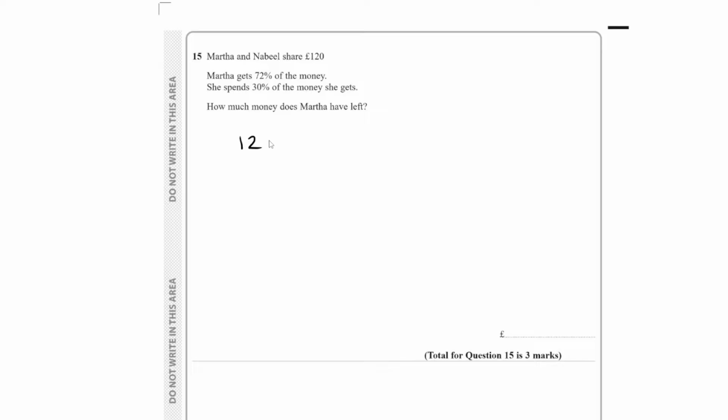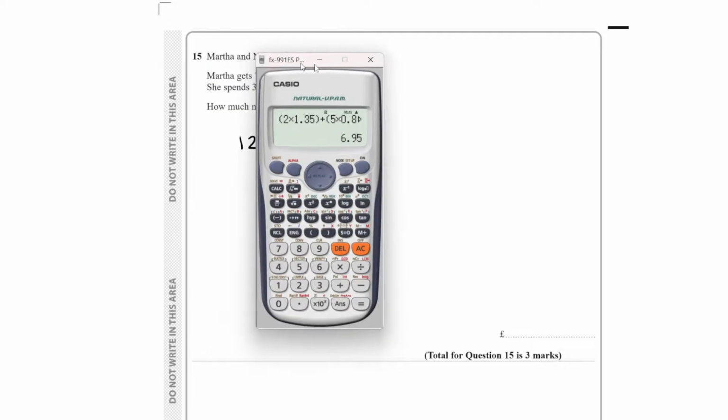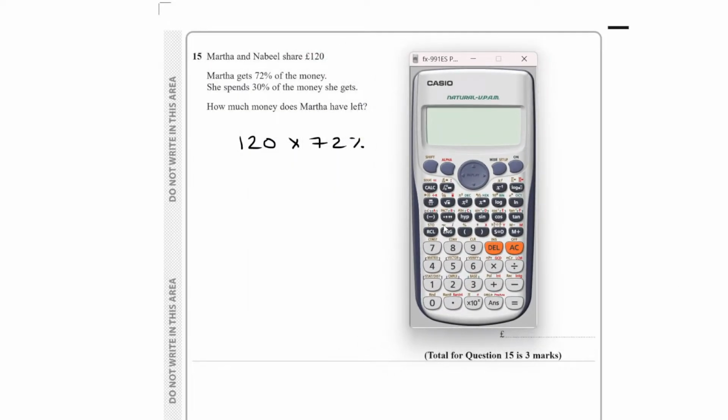She gets 72%, so as we said, we can times it on our calculator by 72%, if you have your percentage button. If not, just make sure you divide 72 by 100 to make it into a decimal for the calculator. But here I can press shift and then this button here, you see I've got a percentage button above and it works it out for me.